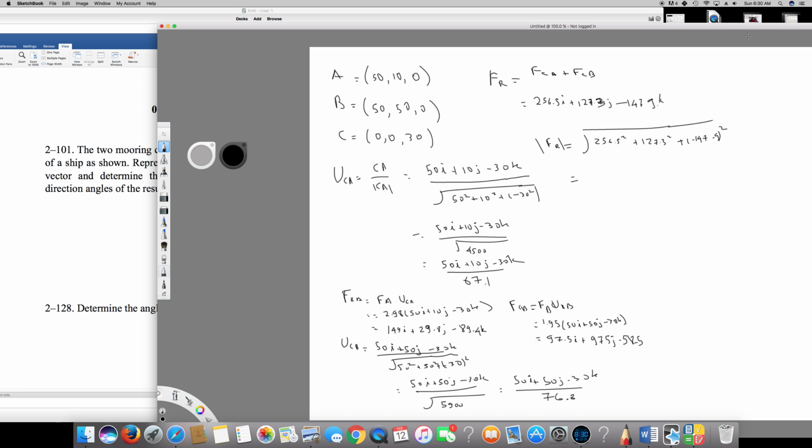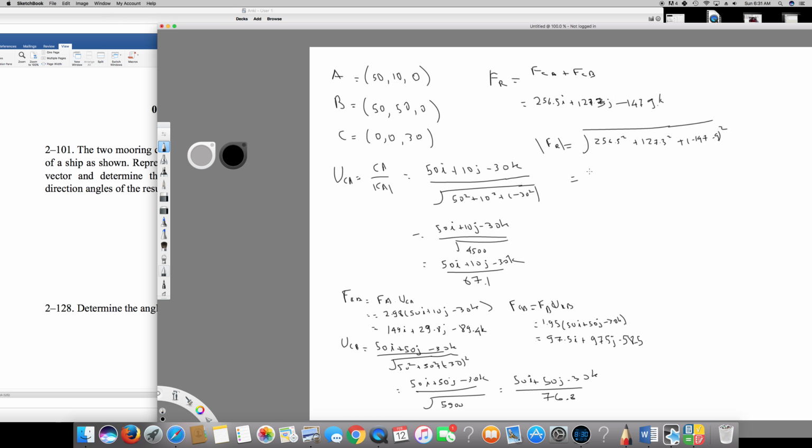256.5 squared plus, I'm going to directly square root it too, so let's see what happens. 256.5 squared plus 127.3 squared plus 147.9 squared, which is equal to 322.3.